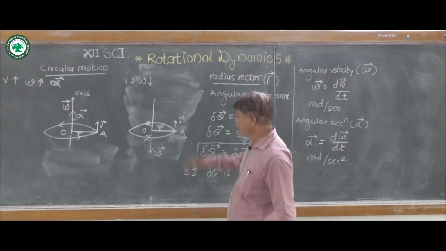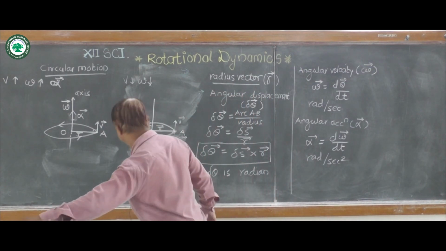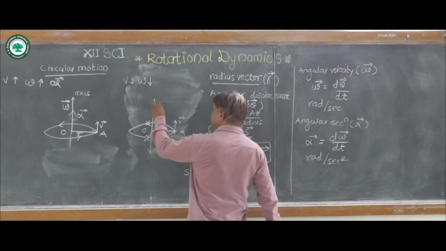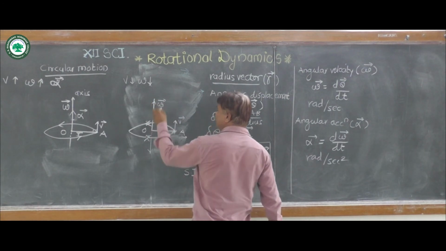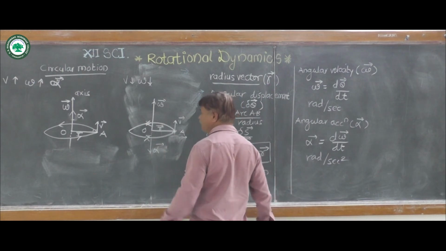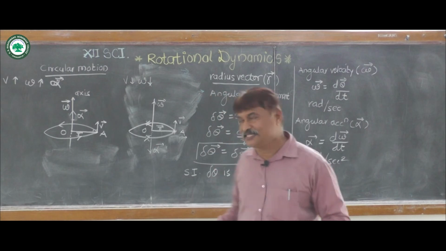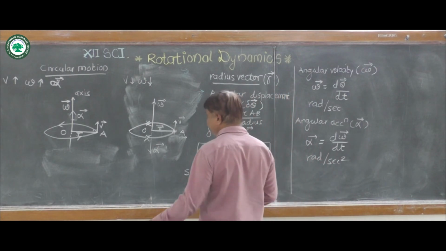But as omega is decreasing, this is the direction of omega bar and this is the direction of alpha bar. In that case, alpha and omega are along the axis but opposite to each other.